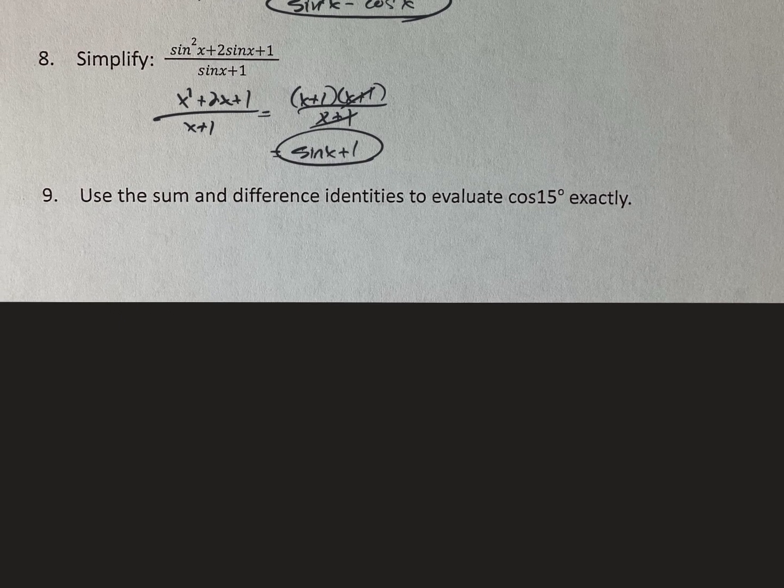Number 9, use the sum or difference identities to evaluate cosine 15. Cosine 15 degrees, one way to write that is we could say that it is cosine of 45 degrees minus 30 degrees. And I'm just going to follow the identity there.